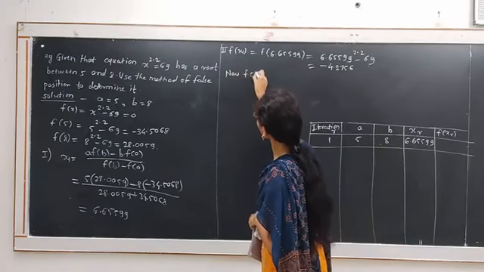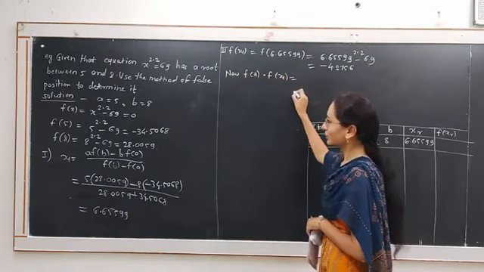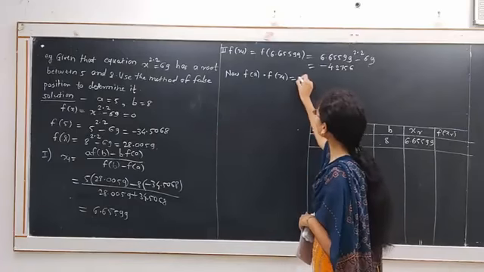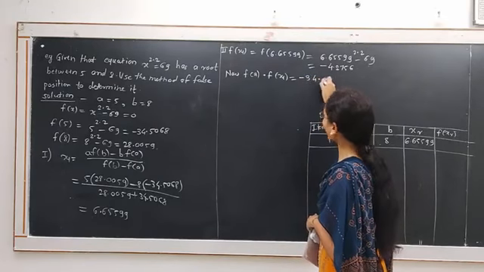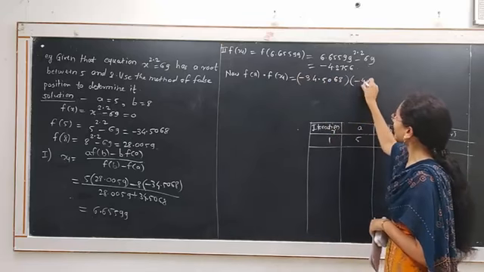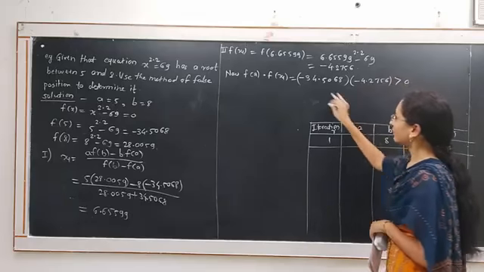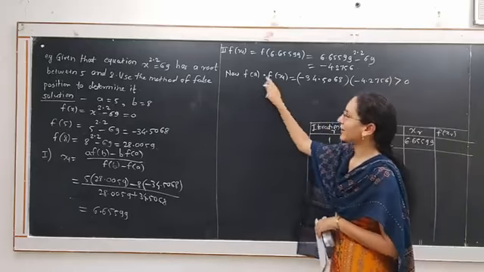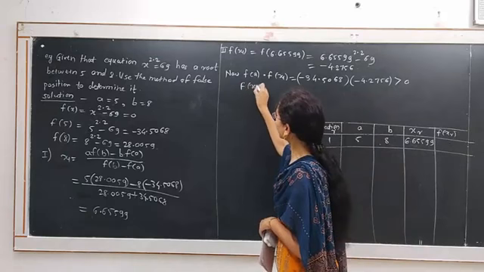F of a is f of 5, which is minus 34.5068, and f of x1 is minus 4.2756. This is greater than 0 because both terms are negative. Therefore, the root doesn't lie in between a and x1. Now we check the sign of the product f of x1 and f of b.